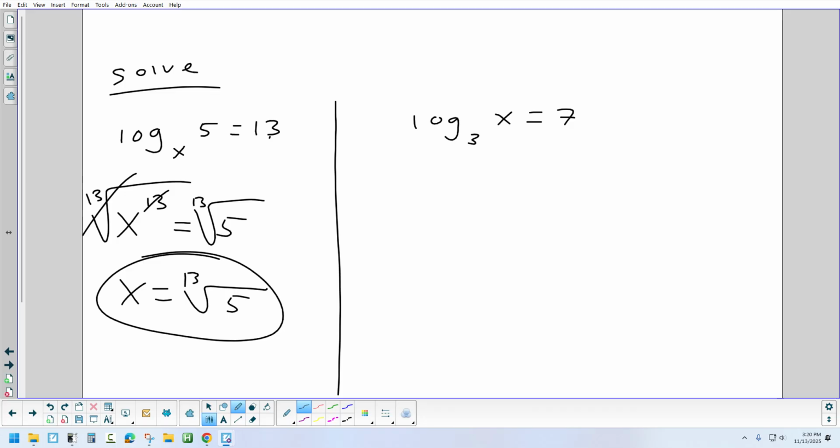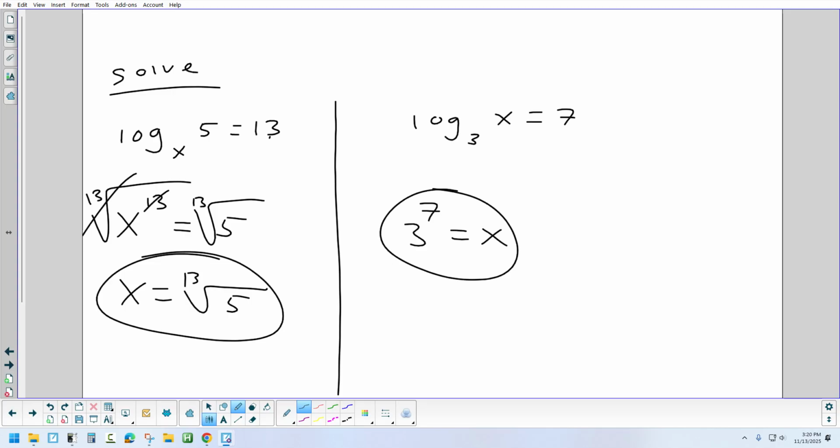How would we rewrite the one where the argument is now the variable? Yeah, just tell me the whole thing. 3 to the 7 equals x. So for that one, 3 is the base.